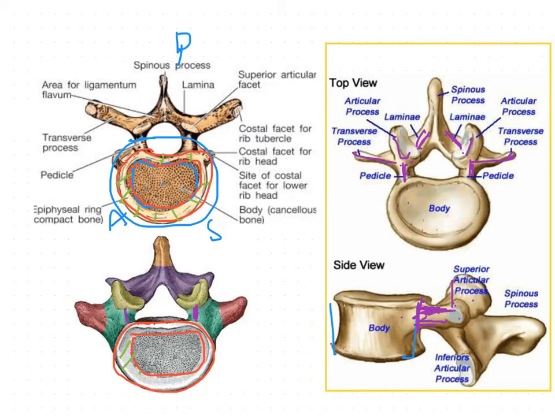After that the laminae run posteriorly, and these two laminae unite, and finally more posteriorly form the spinous process.